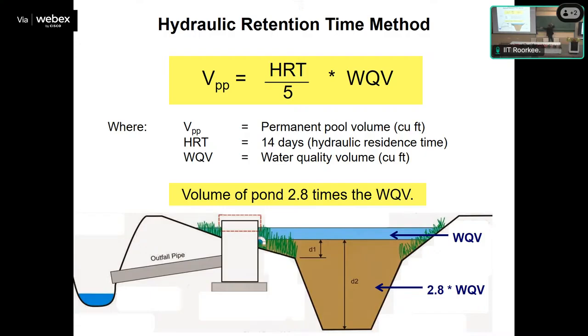So in this, in particular, let me do this a little bit better. So your volume divided by your depth, and the volume is equal to 2.8 multiplied by your water quality volume, and you know that that water quality volume in rookies can be based off that associated with 35 millimeters of rain.